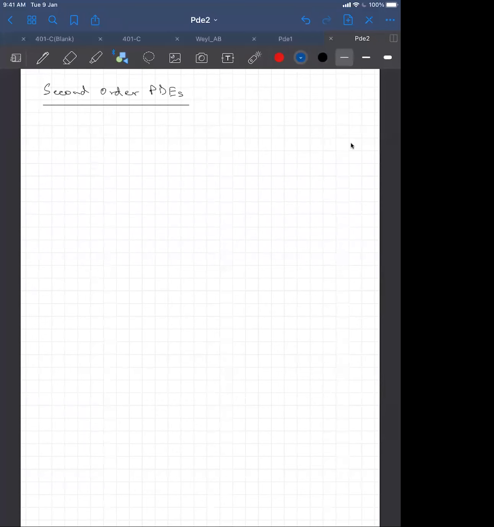So let's write this down. Most general PDE of second order that is linear but not necessarily homogeneous.